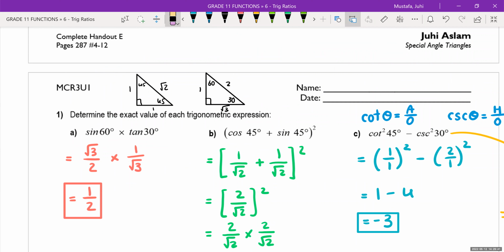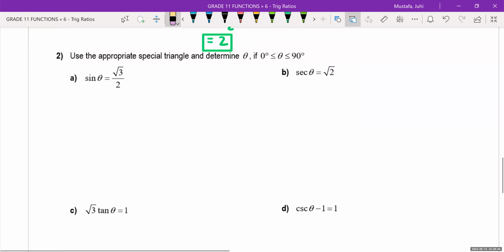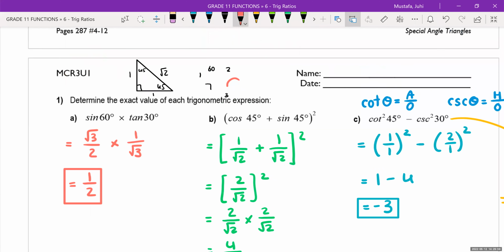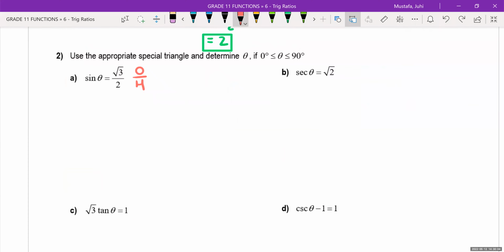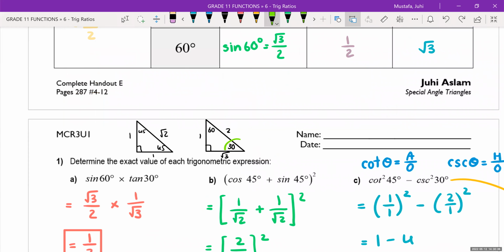Now, sine theta is √3 over 2. I know that sine theta is opposite over hypotenuse. So we have to figure out for 30 degrees is opposite over hypotenuse √3 over 2, or for 60 degrees is opposite over hypotenuse √3 over 2. So let's try 30. For 30 degrees, sine is 1 over 2.